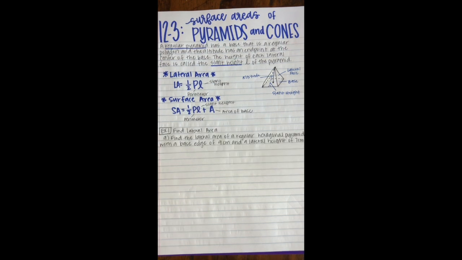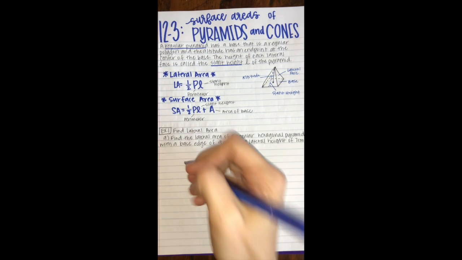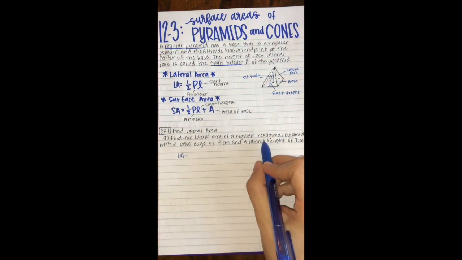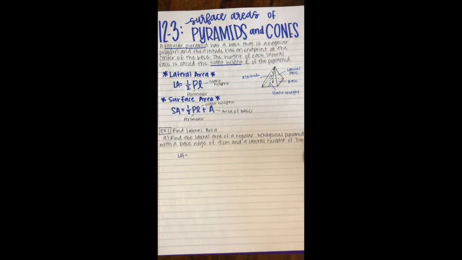Okay, so for our first example, we're asked to find the lateral area of a regular hexagonal pyramid. Remember, a hexagon has 6 sides. So for the perimeter, you would have 6 sides times the base edge of 9. All those edges are 9. So for perimeter, 6 times 9 is 54. And then the lateral height, that's a slant height of 7.